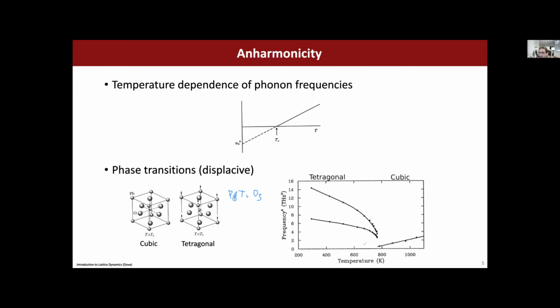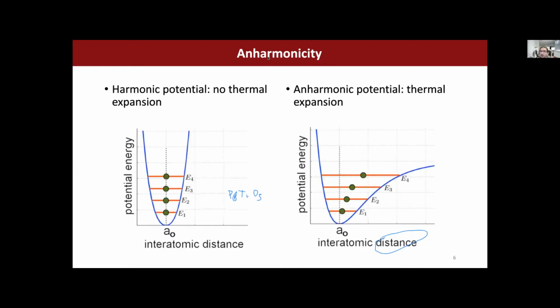As you can see on the right plot, you have non-imaginary frequencies only for temperatures higher than around 800 K. If you go below, the structure will be dynamically unstable. And if you attempt to do a computation in the harmonic model for a cubic structure, you will actually get imaginary phonon modes.